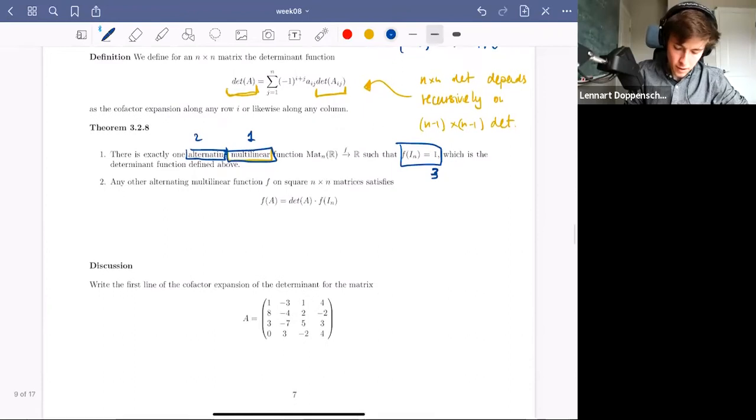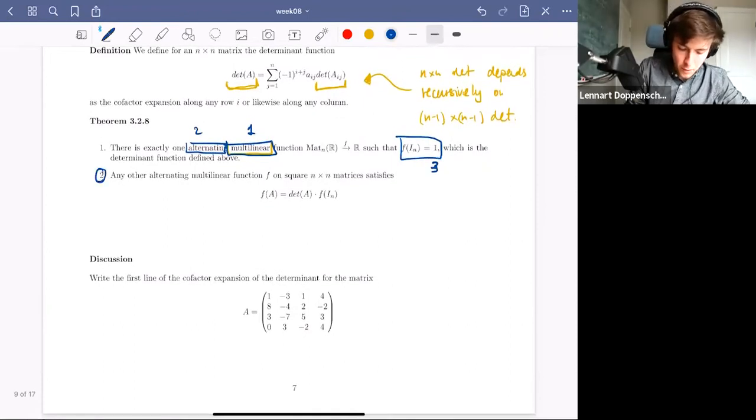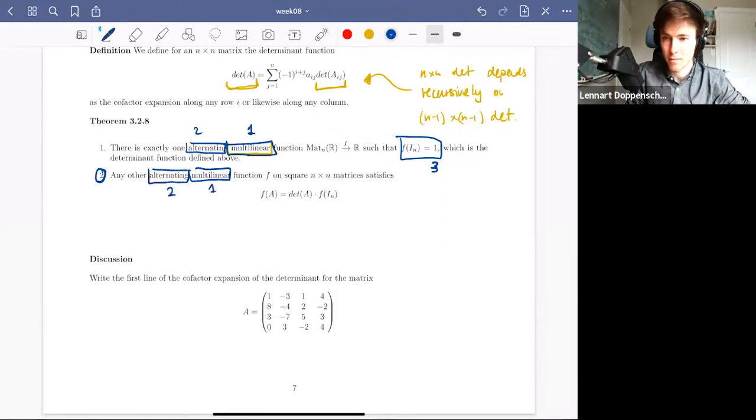It also goes on, this second part, which is going to be useful later. It also says that if there's any other function that satisfies the first and the second item on the wish list, so it's multilinear and alternating, but not necessarily the third, which we can forget for a second, then this function satisfies this equation.